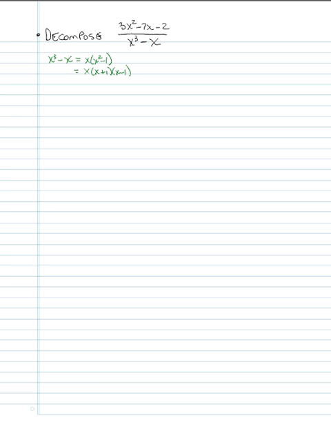So we'll rewrite the fraction as 3x squared minus 7x minus 2, divided by the factored form of the denominator, x times x plus 1 times x minus 1. Now, we see that we have 3 different factors in the denominator. So we're going to have 3 different fractions in the decomposition.